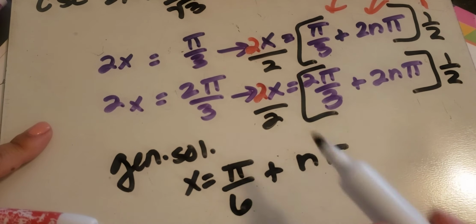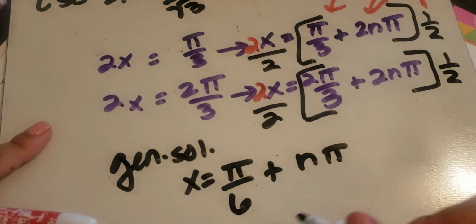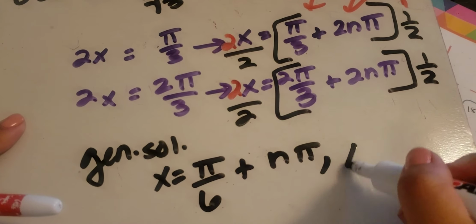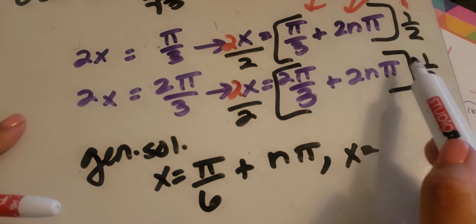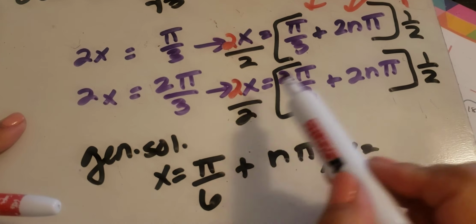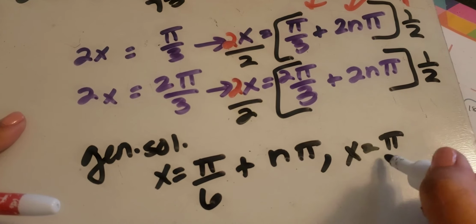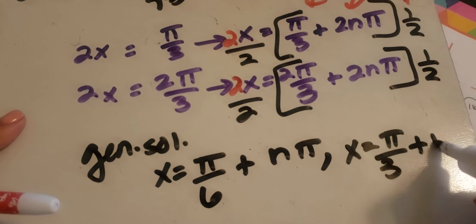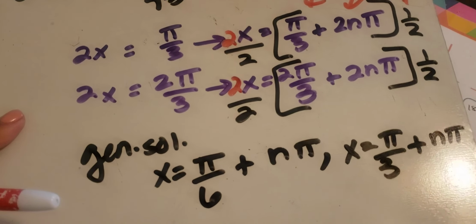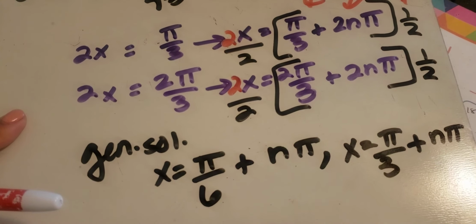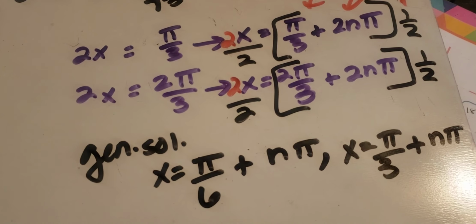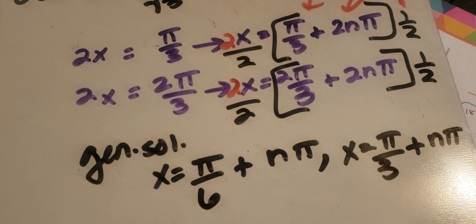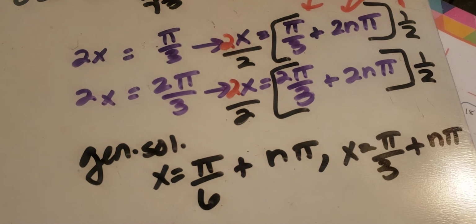Now in the second one, x equals, and when we distribute, the 2's will cancel, so we'll just have pi over 3, plus, and then when we distribute here, the 2's will cancel, so n pi. And these are our two general solutions. And just like I stated yesterday, because they didn't restrict our domain, we're going to have multiple solutions, okay?